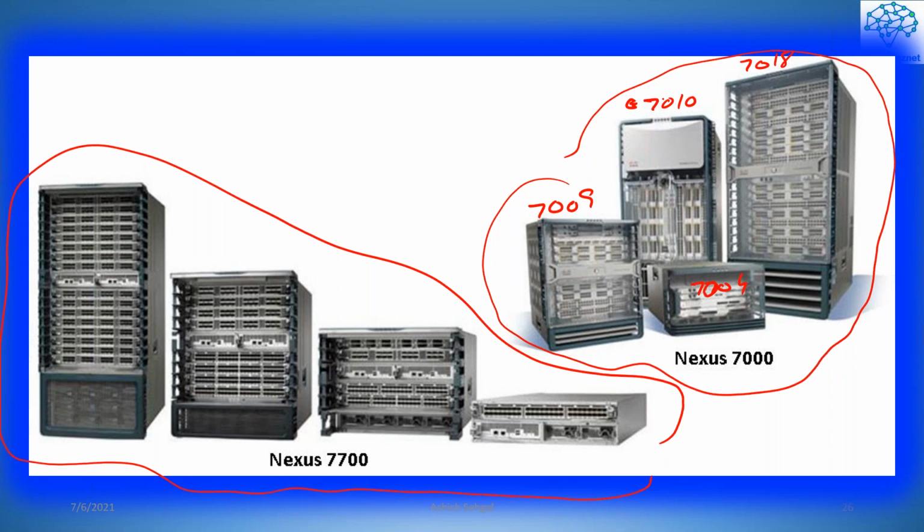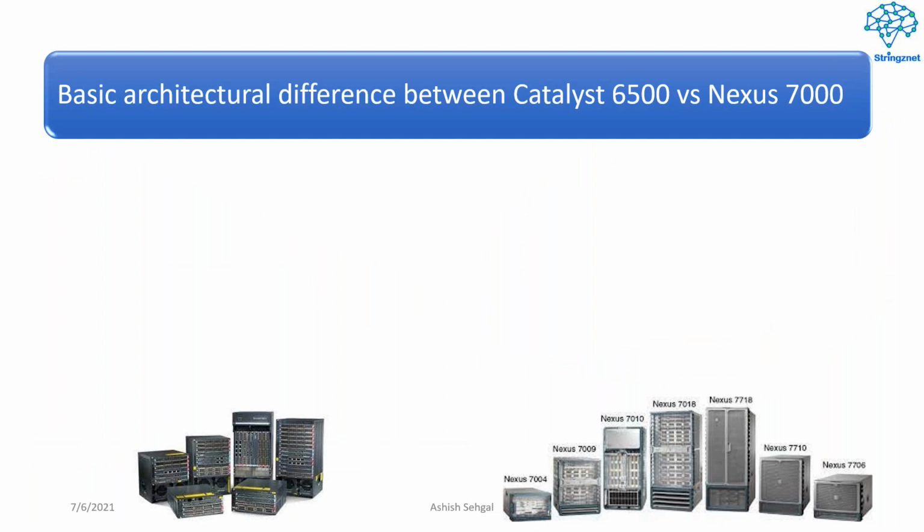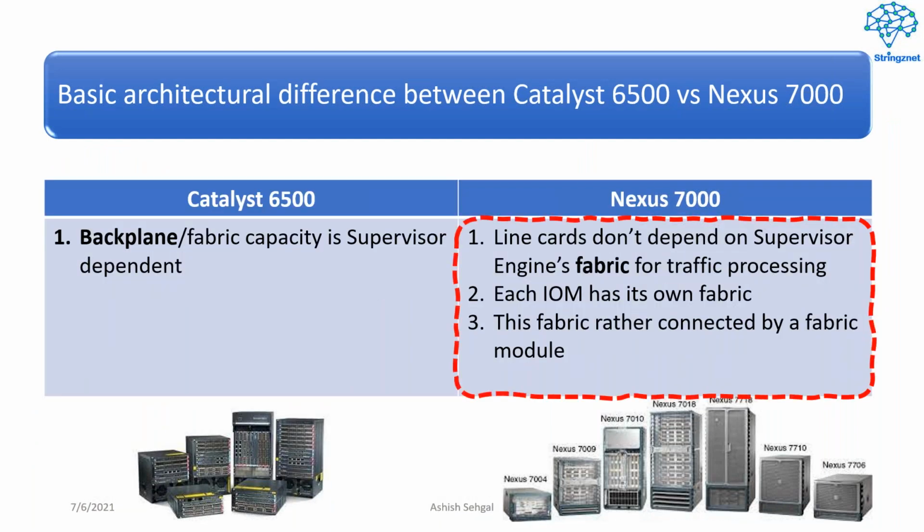Similarly, in 7700, we have got various models. Guys, very important thing, right? Now, in case of Catalyst 6500, we have gone through Nexus 7000. Catalyst 6500 series switches, we always used to call them predominantly as backplane, as I was talking about. Fabric capacity is supervisor dependent.